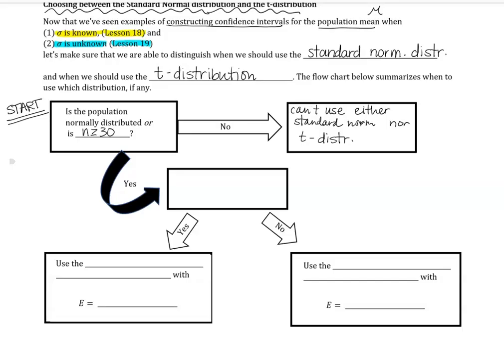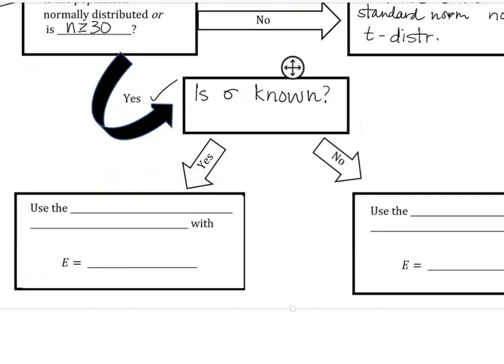If the answer to that question is yes, good. That means that you could use either lesson 18 or lesson 19. And that choice depends on whether or not you know the population standard deviation. Is sigma known? If sigma is known, if the answer to that question is yes, you're back in lesson 18, where you will use the standard normal distribution.